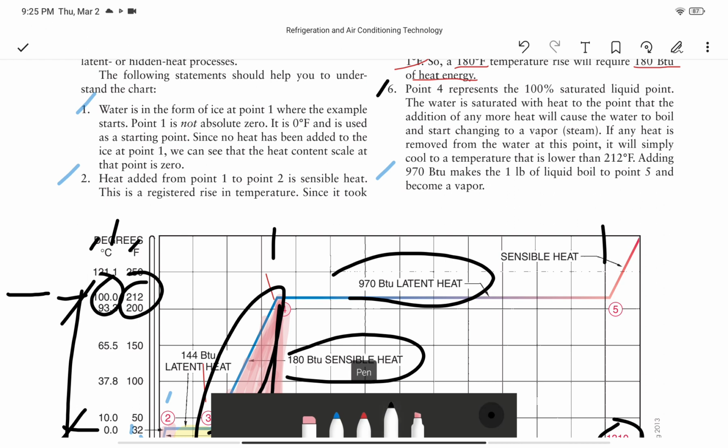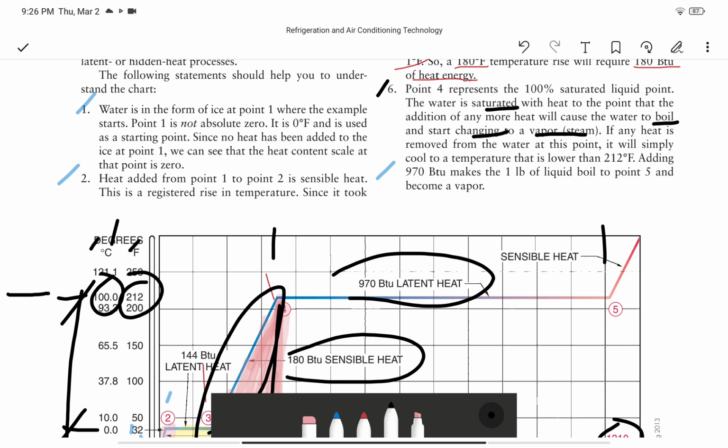The water is saturated with heat to the point that addition of any more heat will cause the water to boil and start changing to a vapor or steam.